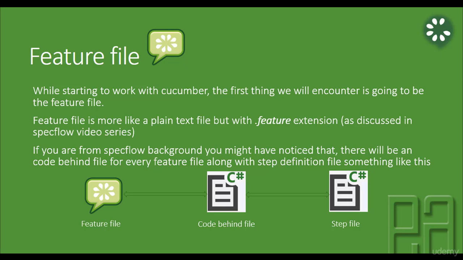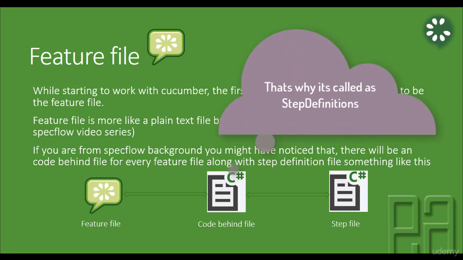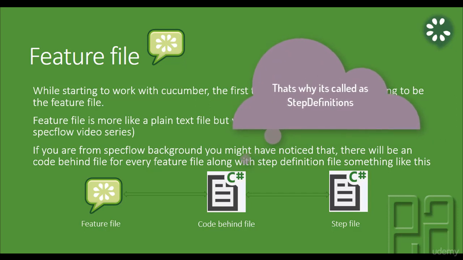So you will have a feature file, then a code behind file, and then a step definition file. The code behind file and the feature file in SpecFlow are intrinsic, meaning you cannot separate the code behind file from the feature file. But the step definition file is where you will be holding all your step implementations of the features.